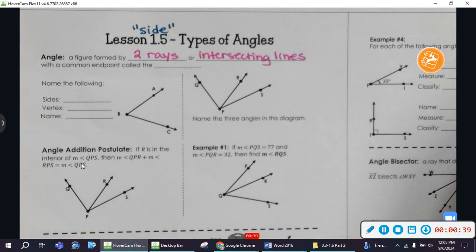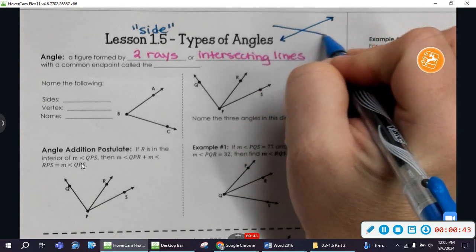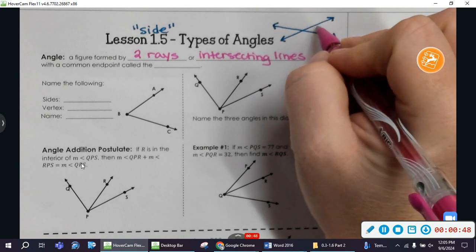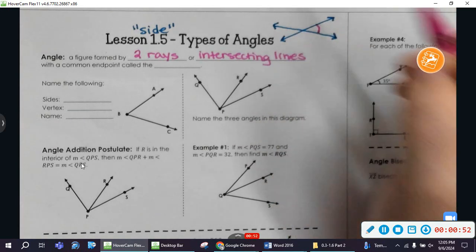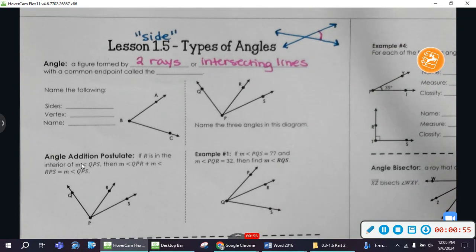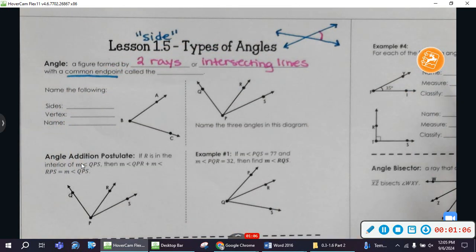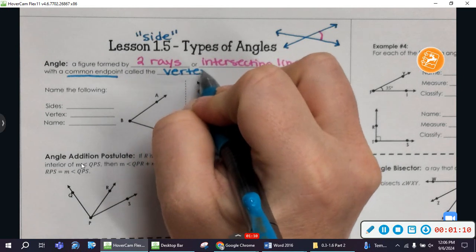So that would look like, got a line here and a line there. They end up forming an angle here, and actually there's 4 total in this example. So those two rays come together and they have a common endpoint. That common endpoint is called the vertex.